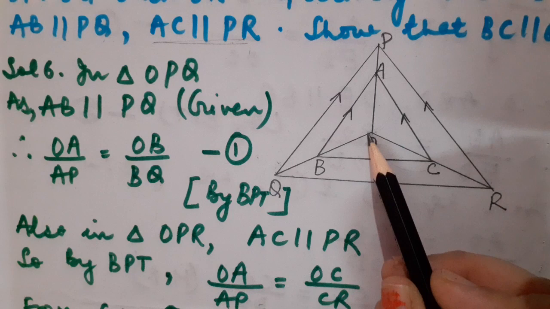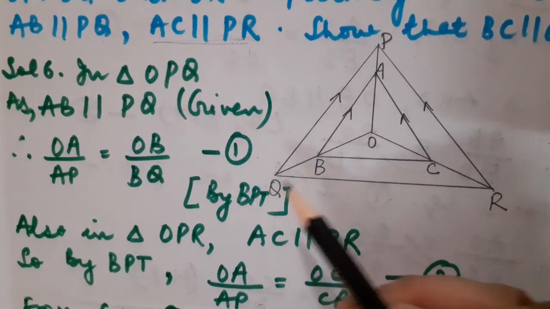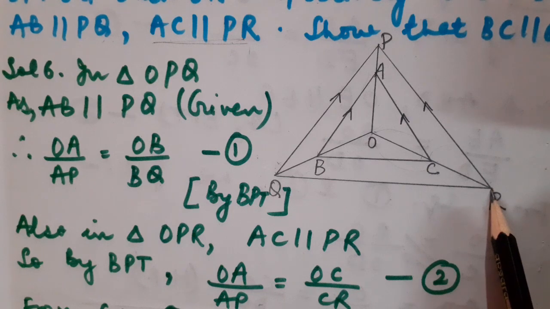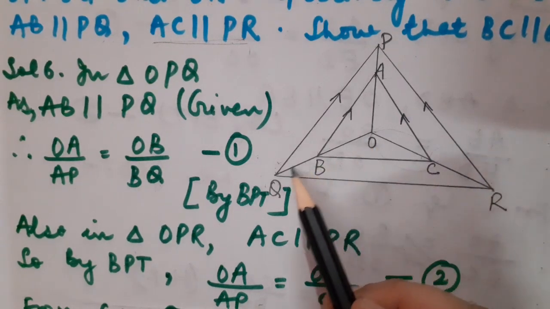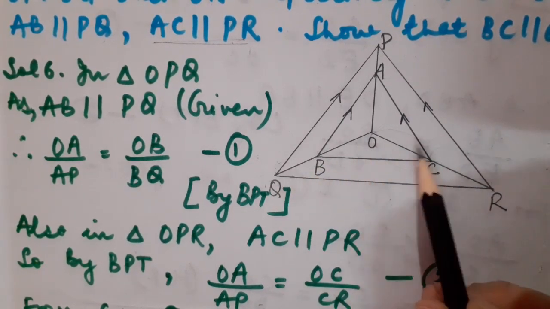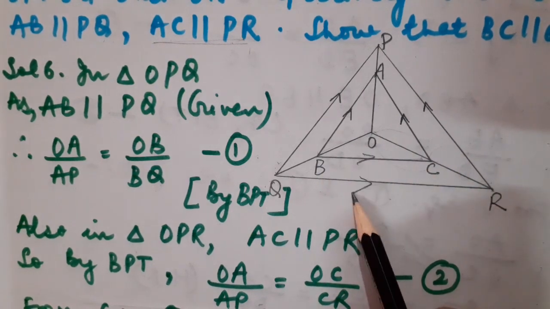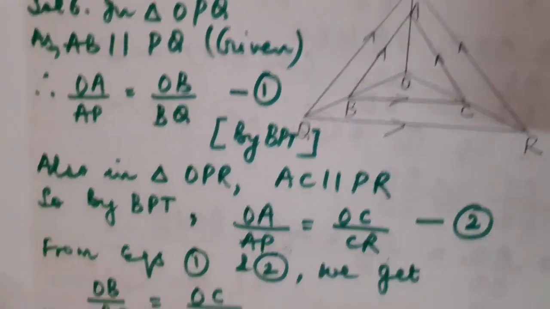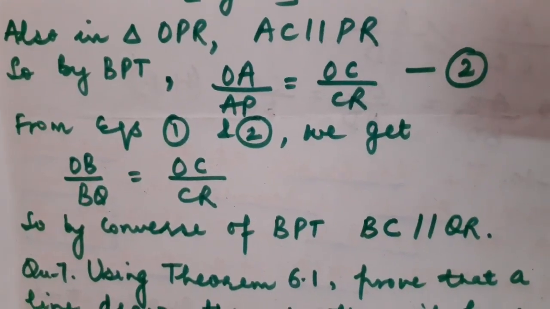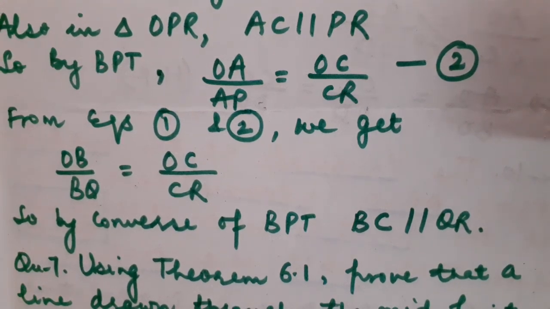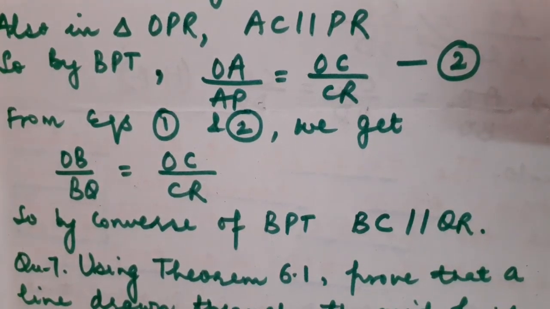This is OB upon BQ is equal to OC upon CR. So when the ratio of these two sides is equal, then we can say that BC must be parallel to QR. How? By the converse of basic proportionality theorem. The same thing, children, we wanted to prove. So this is hence proved.